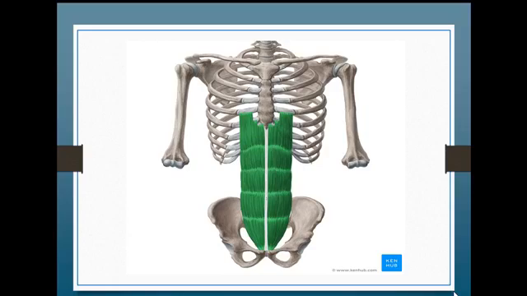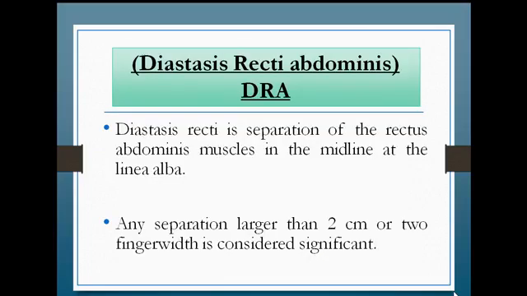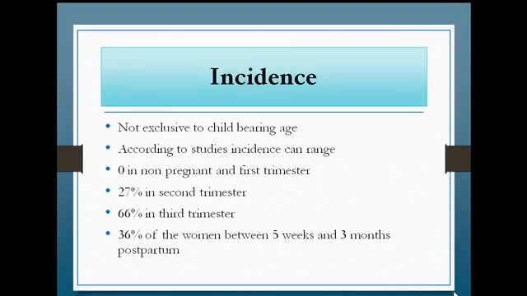If the muscle separates from this central line, it is known as diastasis recti. If the separation is more than 2 centimeters, we say it is a complication. If it is less than 2 centimeters, it is not considered diastasis recti.